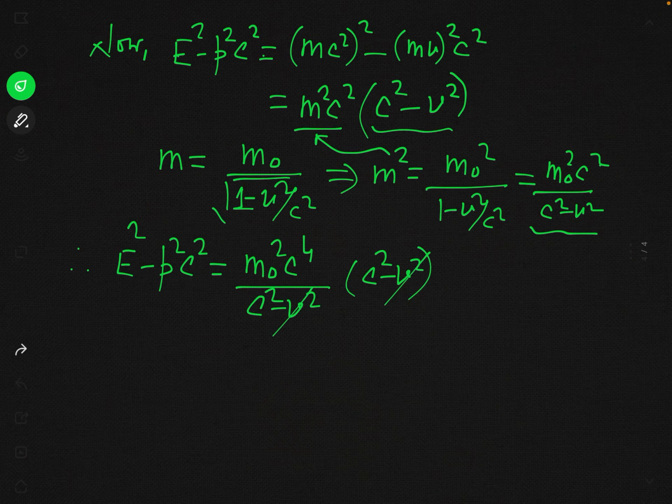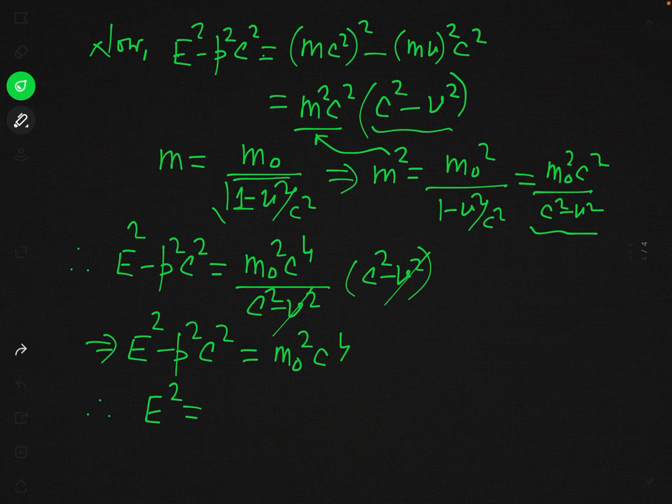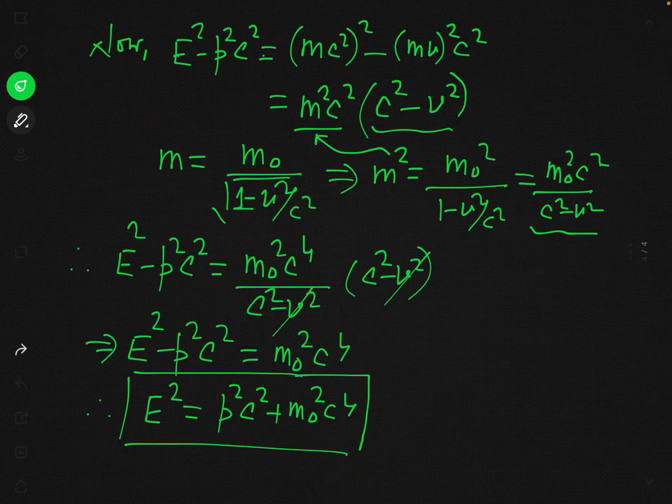Now you can see this term C square minus V square in numerator and denominator will cancel out, and so we get E square minus P square C square is equal to m naught square C4, and therefore you can write that E square is equal to P square C square plus m naught square C4.